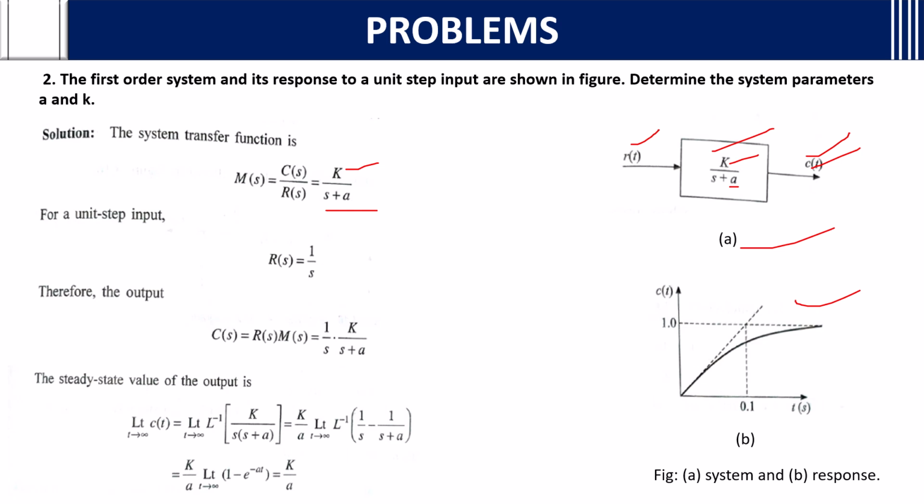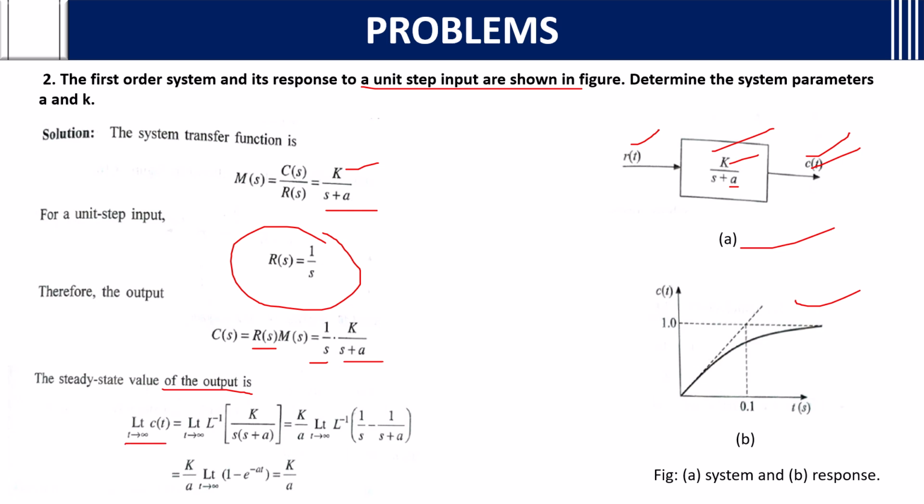For a unit step input, R of S will become 1 by S. The Laplace transform of unit step is 1 by S. So, substitute R of S as 1 by S into K by S plus A, the same way we have done for the second order system. Then the steady state value of the output, how can we find it?